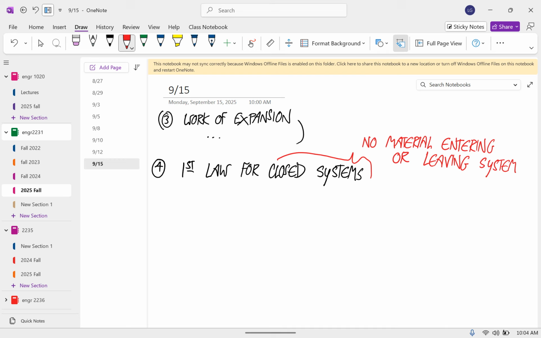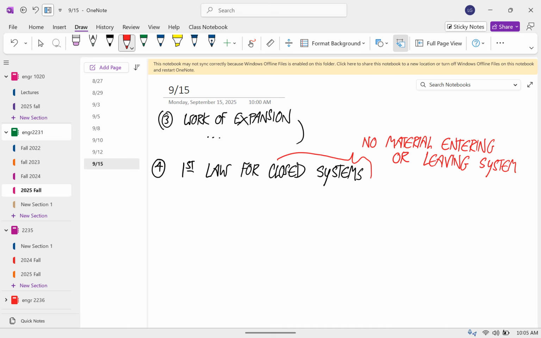But pretty soon we're going to get into the first law for control volumes.